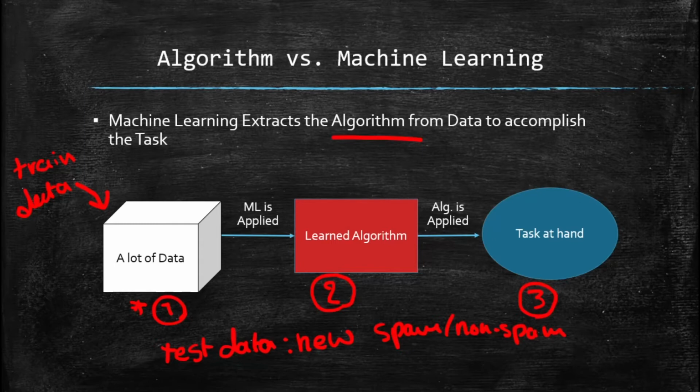It hasn't seen it before, okay? So again, the inputs are your emails, and the outputs are your labels, your classes, namely spam and non-spam. Okay? Great. Now, moving on.